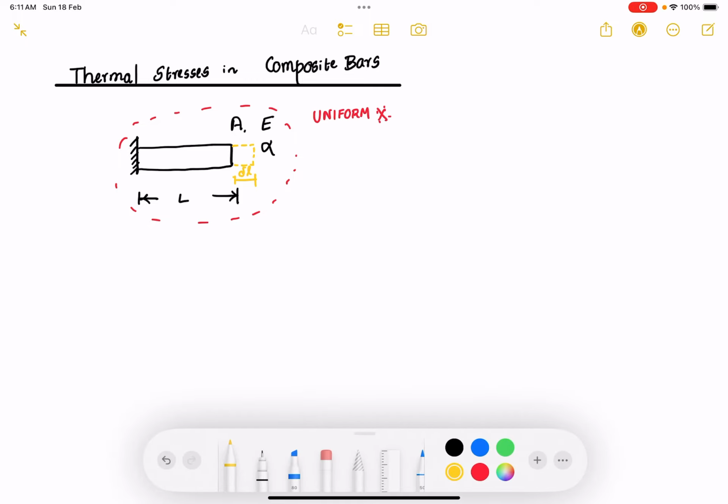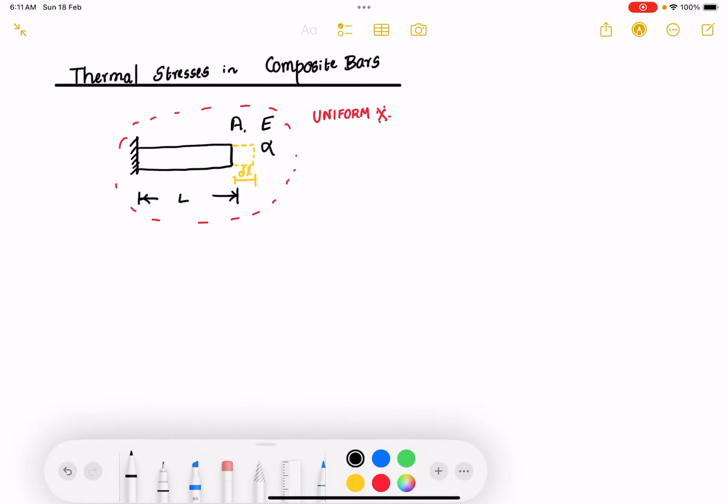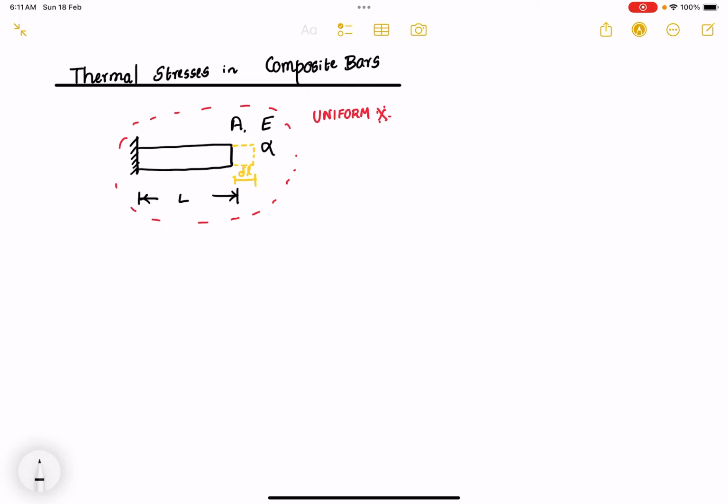So thermal stresses crop up in the first place only when the expansion is prevented or hindered. There are two reasons when thermal stresses would happen. The first reason is when you arrest the expansion, there will be thermal stresses, okay?